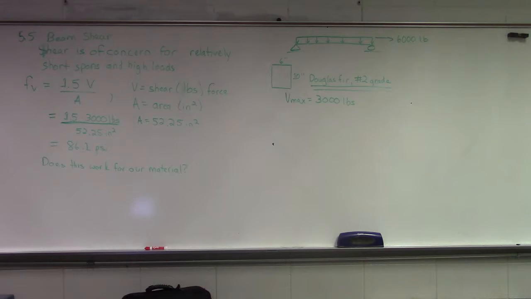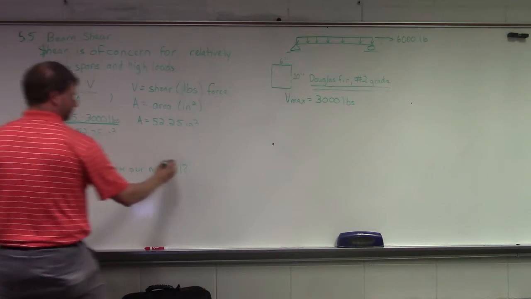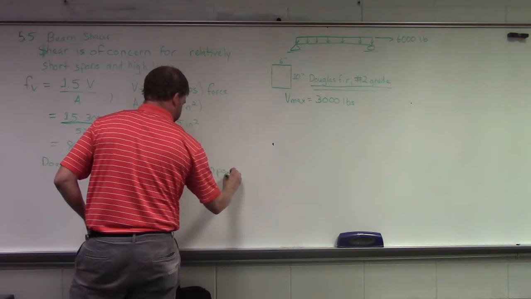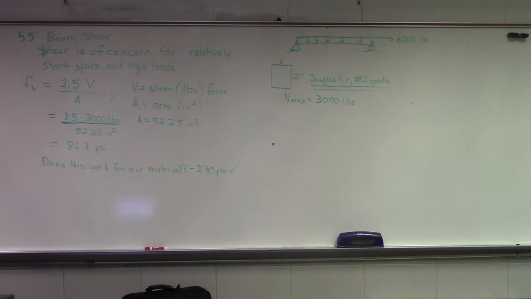180, weak. 170. That's some weak shear, purely shear. So we're good to go, right? As long as your F sub V does not exceed your shear capacity out of the table, number 2 grade, you're good to go here.